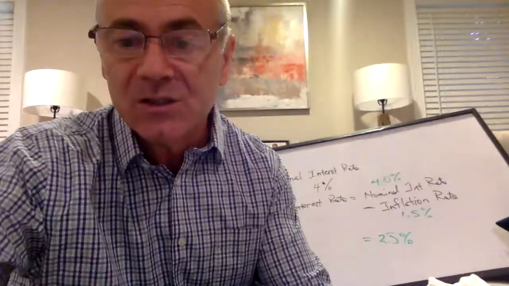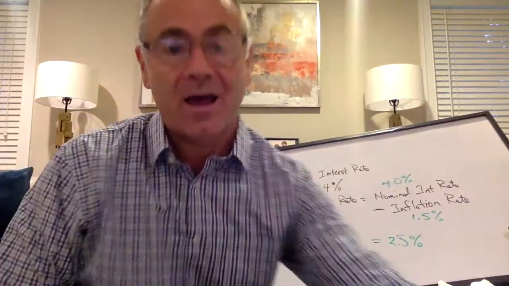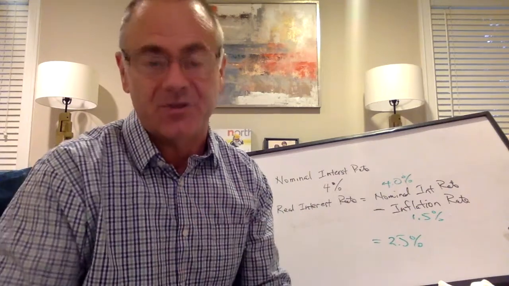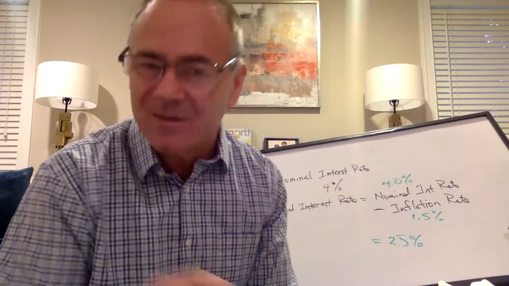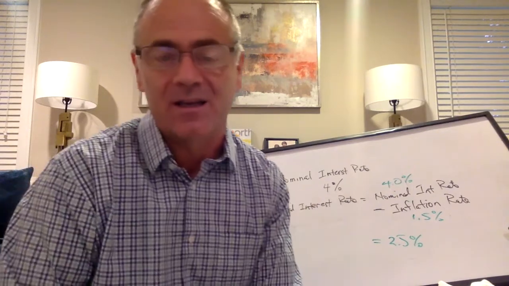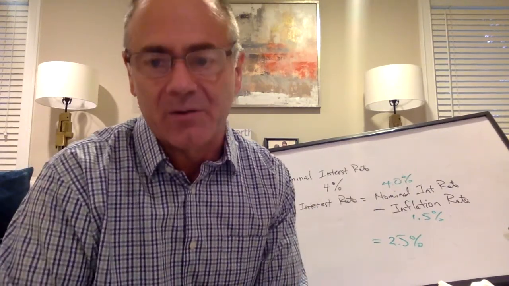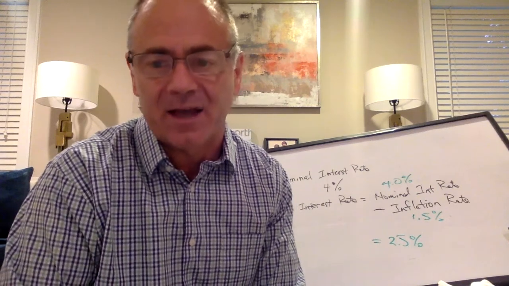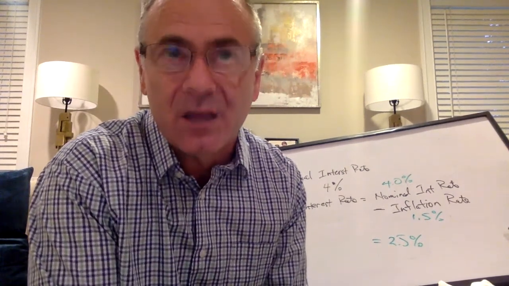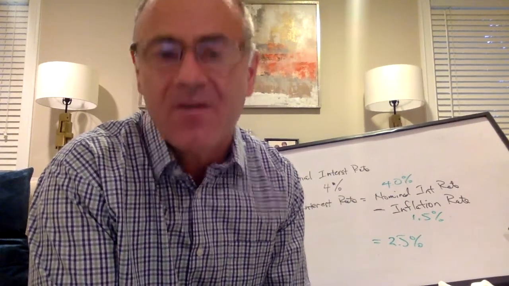Okay. So that's the final point, how you calculate what it means when we say real interest rate versus nominal interest rate, and a taste of what economists mean when they say inflation. And later on, we'll talk about exactly how that is calculated. Okay, that's the main concepts. End of chapter 5.